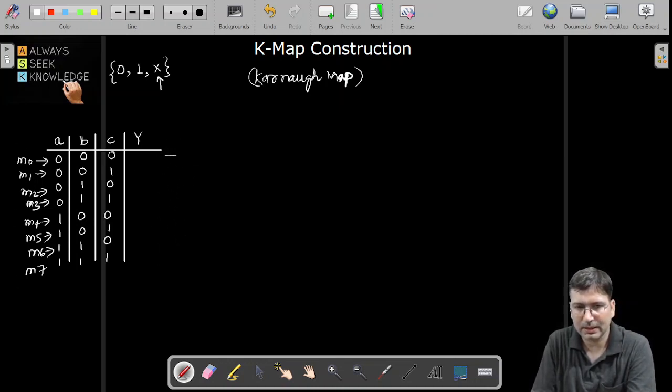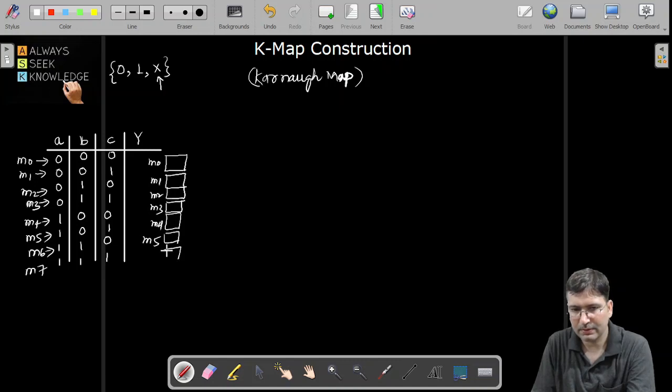So in that way we are having these places. There are 8 places which we need to fill. So M0, M1, M2, as we have written here, and these places can be filled by either 0, 1 or X. Okay, M3, M4, M5, M6, and let's say M7.